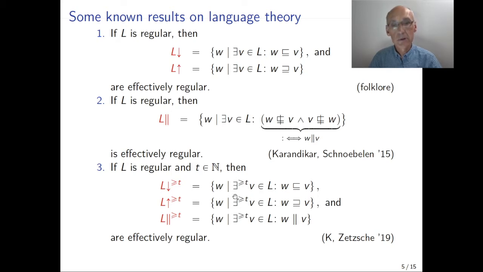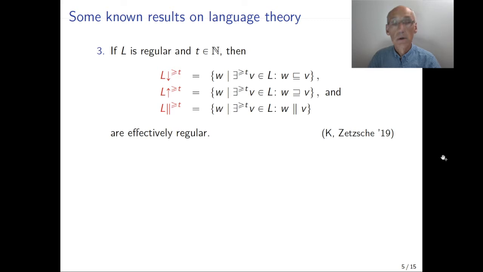And similarly for the upward closure and the incomparability set: above, below, incomparable with, at least threshold many words from the language. And we showed that also then the resulting language is effectively regular. And of course, for T equals 1, you get the results up here. This is again Zetzsche and myself from last year.